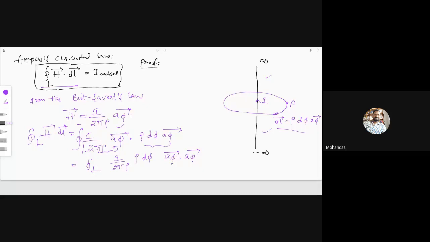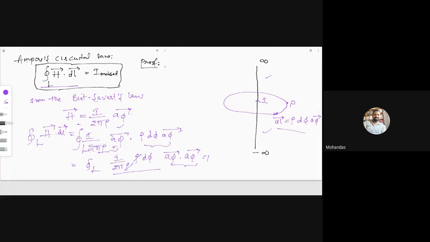What is the value of a phi dot a phi? This value becomes 1. These are the remaining terms, and here we can cancel out rho and rho.